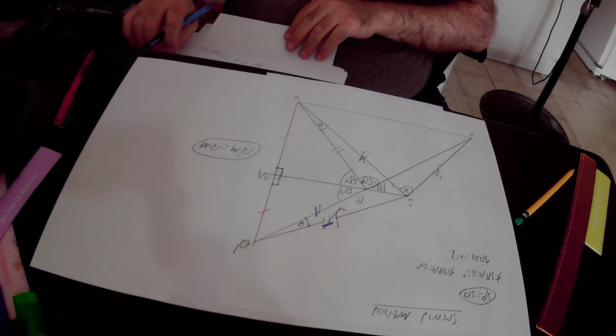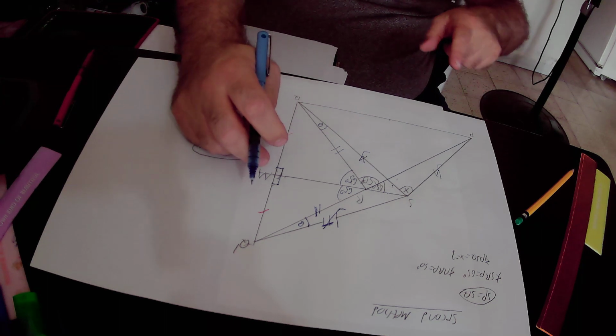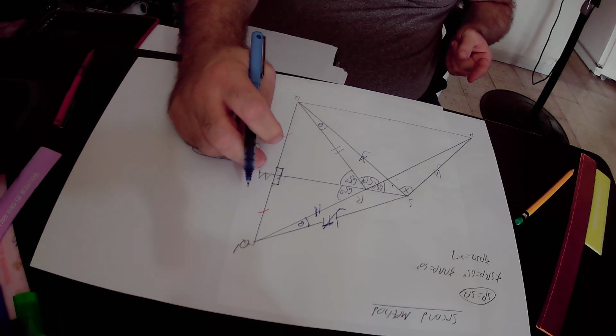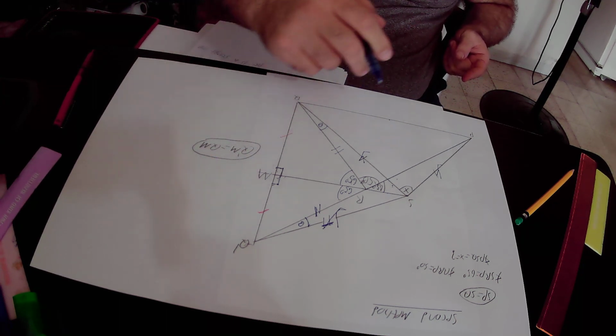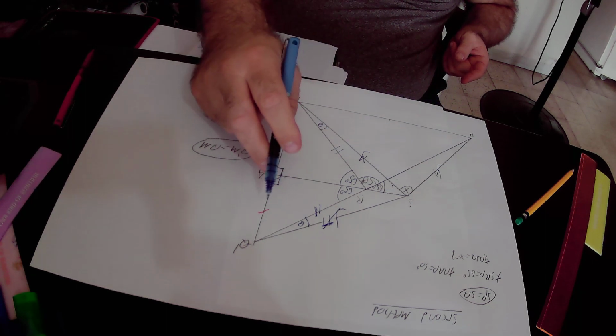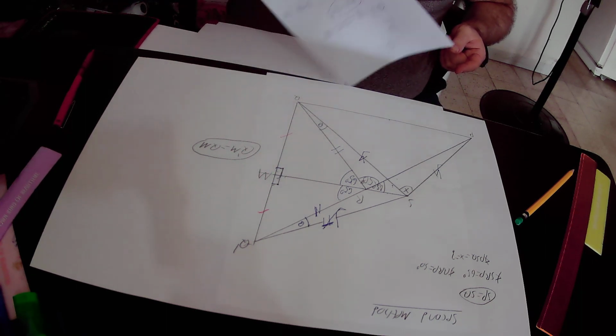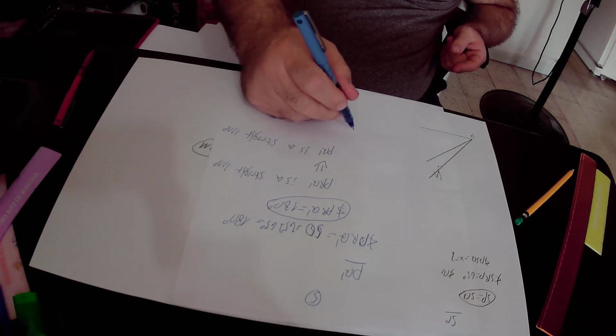And from the fact that PQ dash is a straight line, we can conclude that the shape PSQ dash is a triangle.